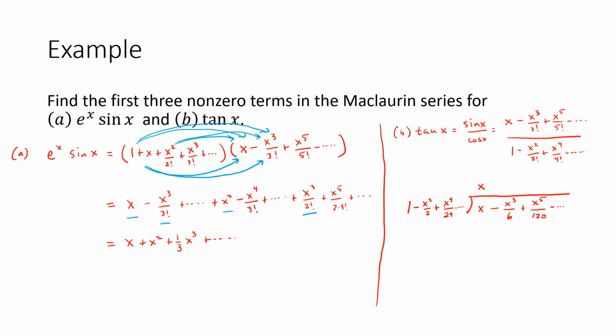And then x times these terms here, let's write it out below, would be x minus x cubed over 2 plus x to the 4th over 24. And then subtracting from above, those would keep going, by the way. We have the difference here, negative x cubed over 6 minus negative x cubed over 2, so that's a plus. Let's see, so that would be 1/2 minus 1/6 would be 1/3. So we're left with x cubed over 3.